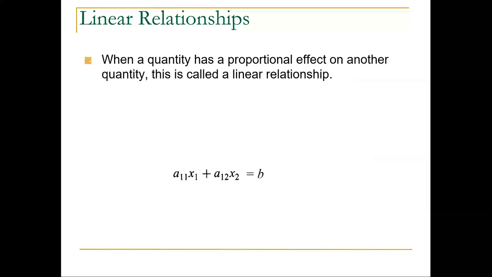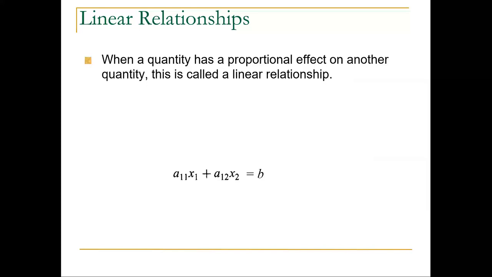That means x1, a physical parameter, scaled by A11, added to another physical parameter of your system, results in this thing called b, just a constant. That means regardless of what parameters x1 and x2 are, it doesn't change what b is.